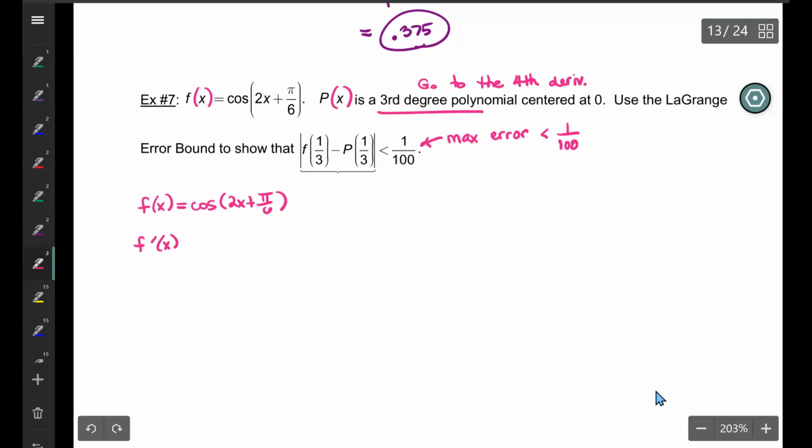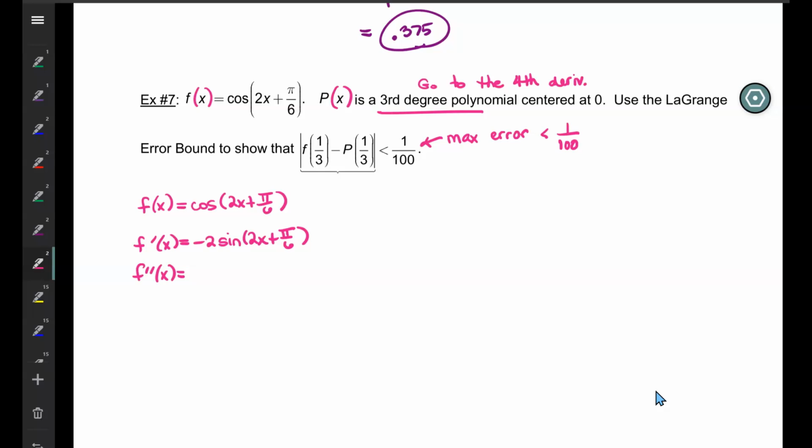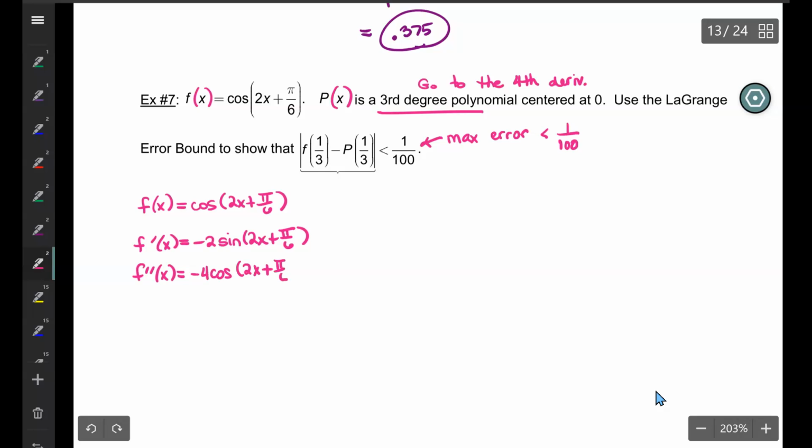So f prime of x is going to be negative sine of 2x plus pi over 6 times 2 for chain rule. So the second derivative is going to be negative 4 cosine of 2x plus pi over 6.